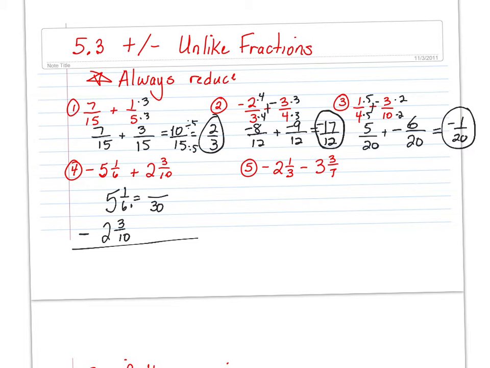Okay, so 6 times 5 is 30, so 1 times 5 is 5. Then this is -2, and that was a 5. And then that's going to be 30, so it's 9, right? Times 3 times 3. Can I take 9 from 5? I sure can't. So I need to borrow from the 5, make it a 4.